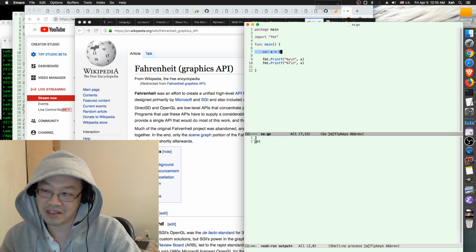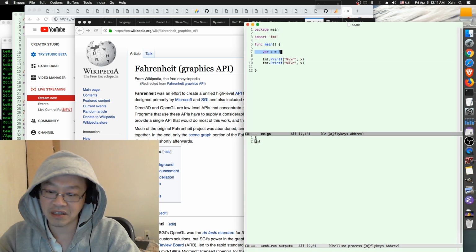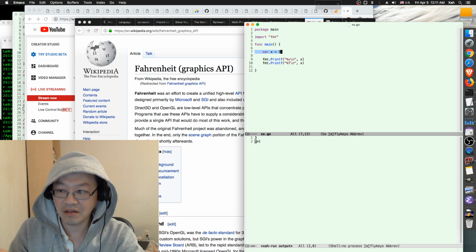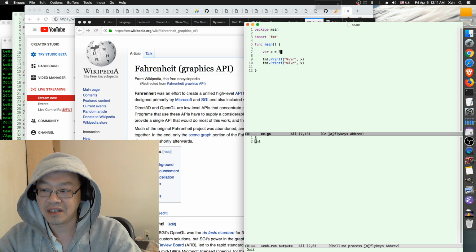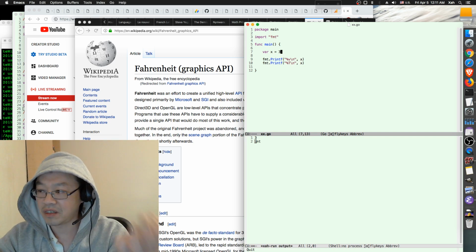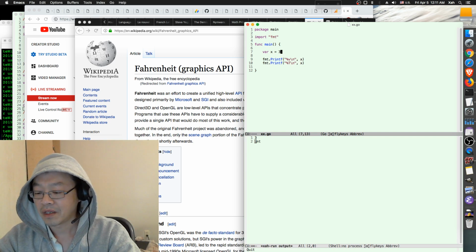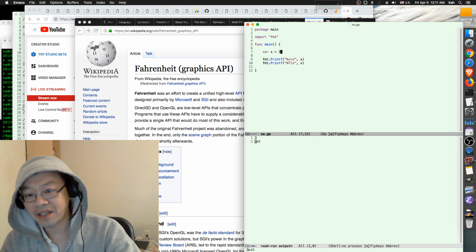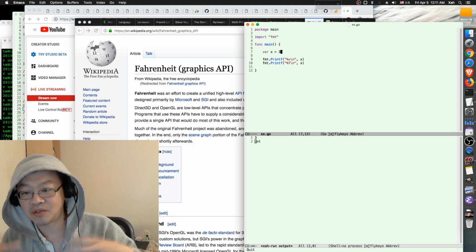Any person who thought about design knows that. However, in C, C++, all the languages including Java, the industry adopted them.